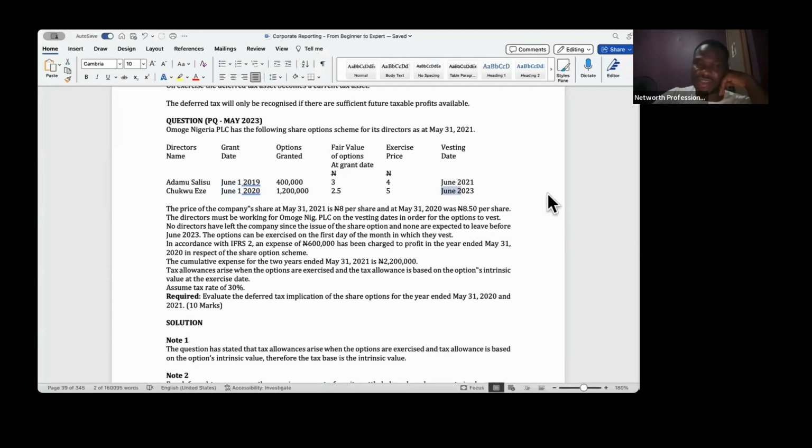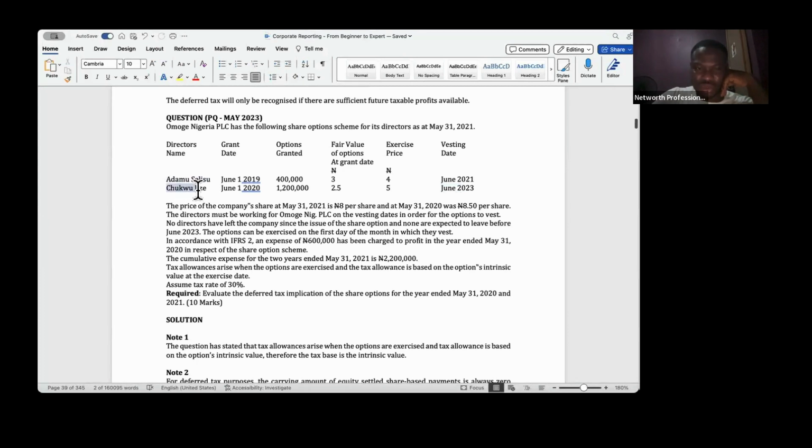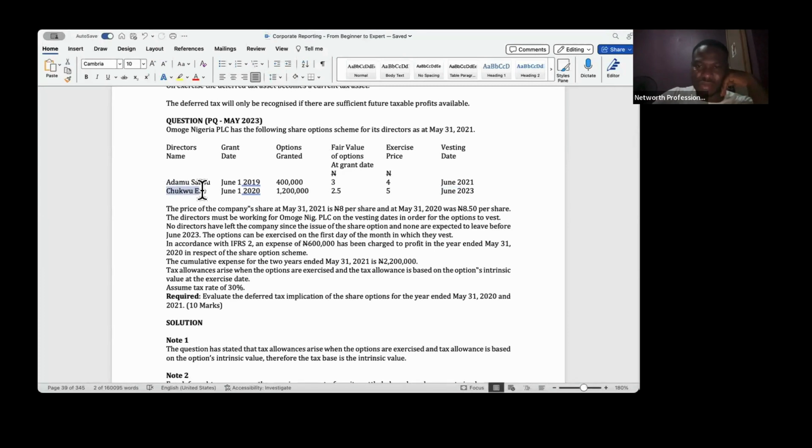That shows that if you understand what we are doing, you are going to do for Adamu separately, and Chukwueze, you're going to do for him separately also, because if the grant date of this guy is 2019, 2021, so the vesting period is 2 years.